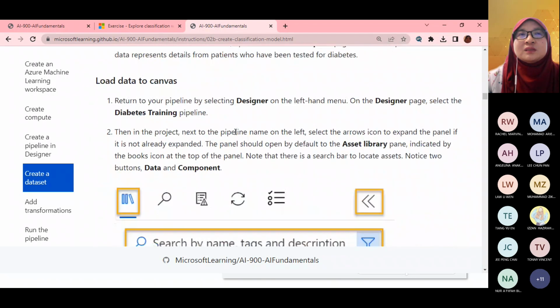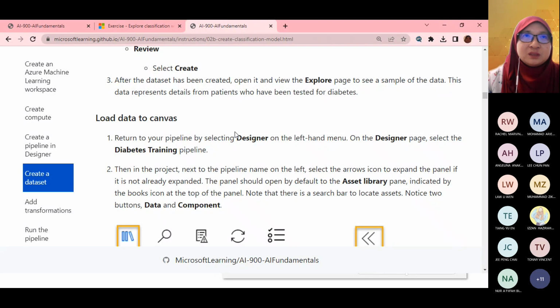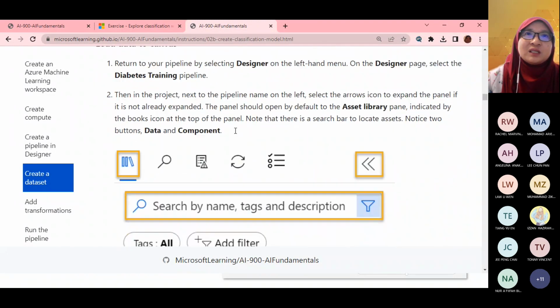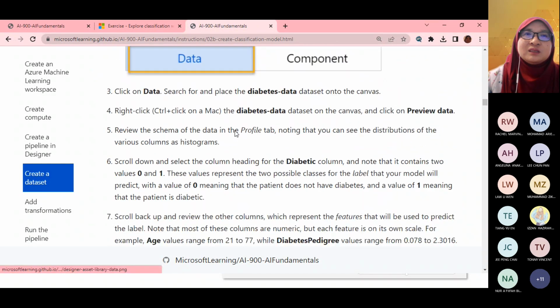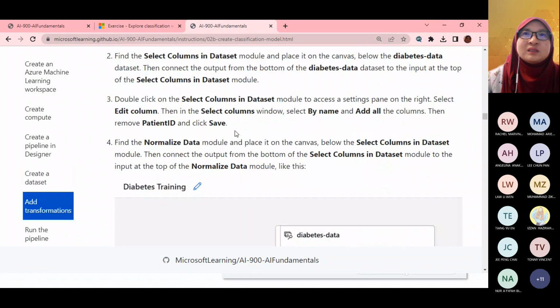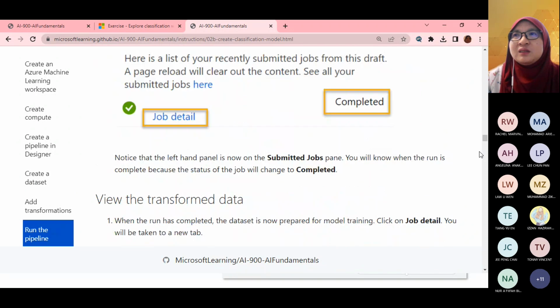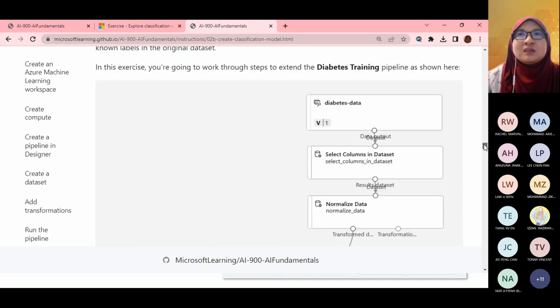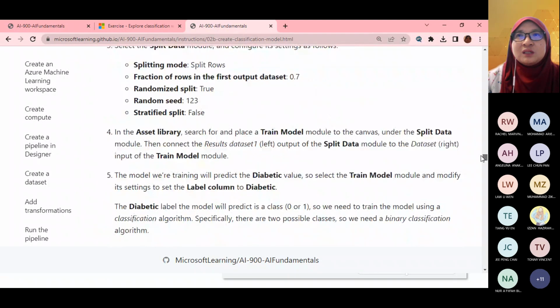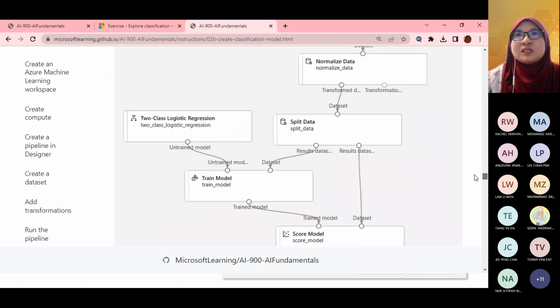Follow everything. Load data. Originally in your lab it is not as detailed as this. Okay, load data to canvas. So go through one by one. Take your time because this takes about 3 hours to finish for this machine learning. So understand everything. Okay, I'm not going to cover everything. So this is actually self-learning.